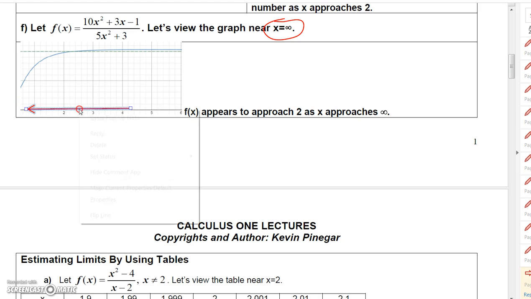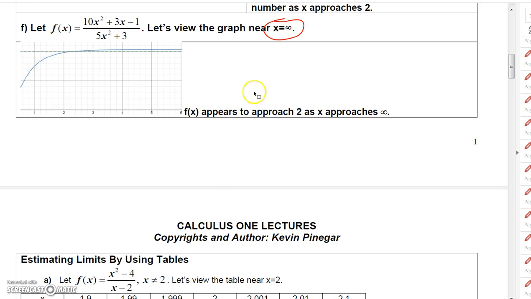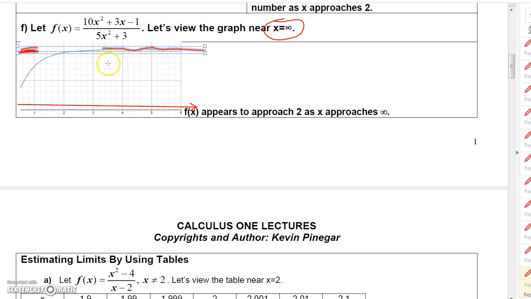Notice the graph here gets closer and closer to this line right here. And this line, if you count up, is 1, 2. So that's 2. So as x goes to infinity, this graph appears to approach 2.